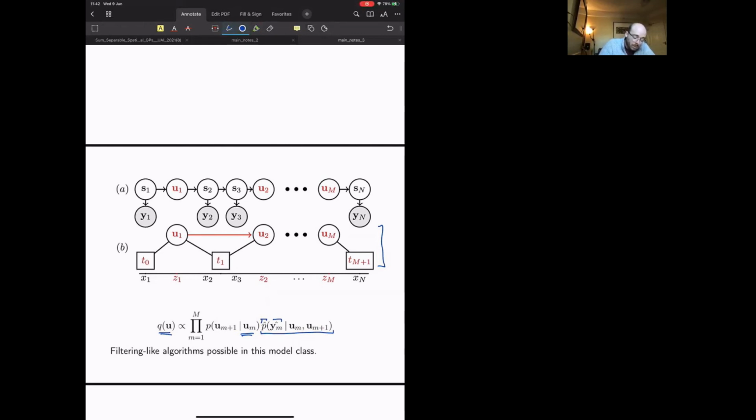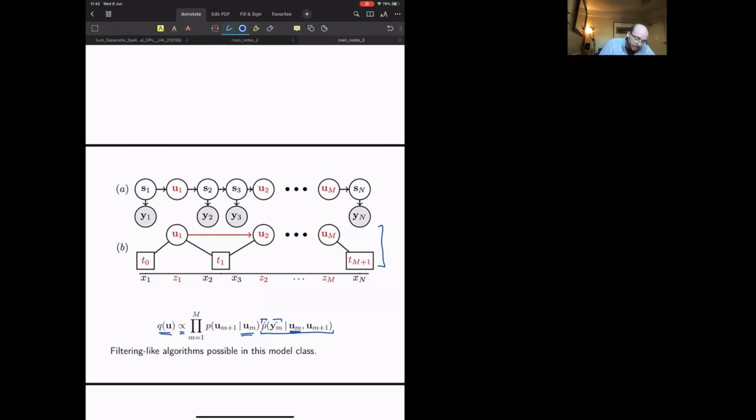To work with this approximate posterior, you'd need to somehow be able to normalize this because it's proportional, and so it's just doing exact inference in a model that looks a bit like a regular state space model. But the difference is that in a regular state space model, this second term would only depend on one point, but here it depends on a pair of points.